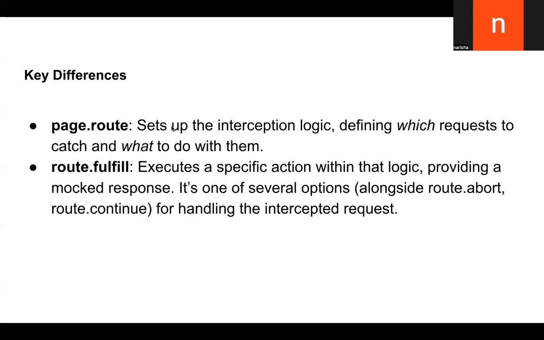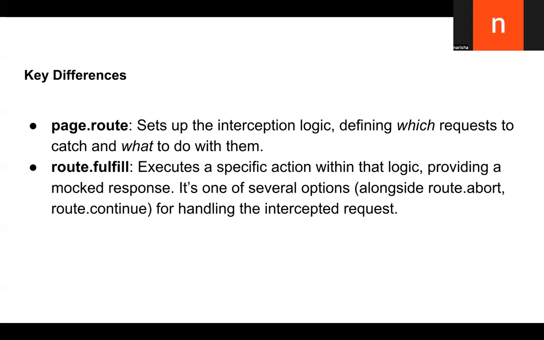So the key difference is that route will help us to identify the particular URL pattern under a network call when it is happening. If it is happening, it will notify us so we can intercept it.